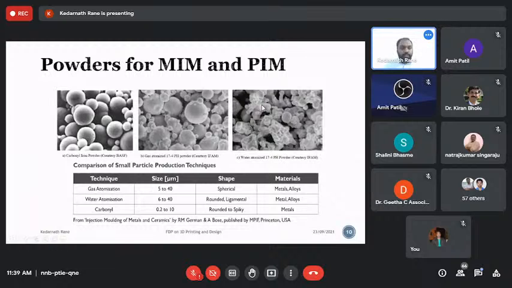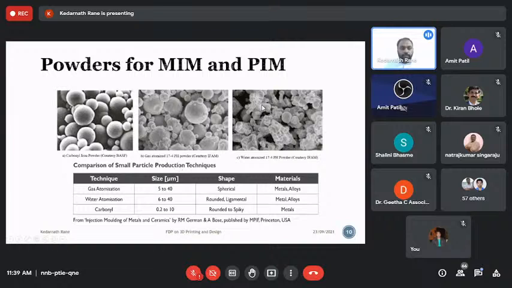You can see very specific, very spherical powders. When it is gas atomized, you can see there is a bimodal particle distribution. One is bigger particles and another is smaller particles. Then the third category is water atomized powder, where you can see some agglomeration because of the process itself, which is 17-4 PH steel powder.